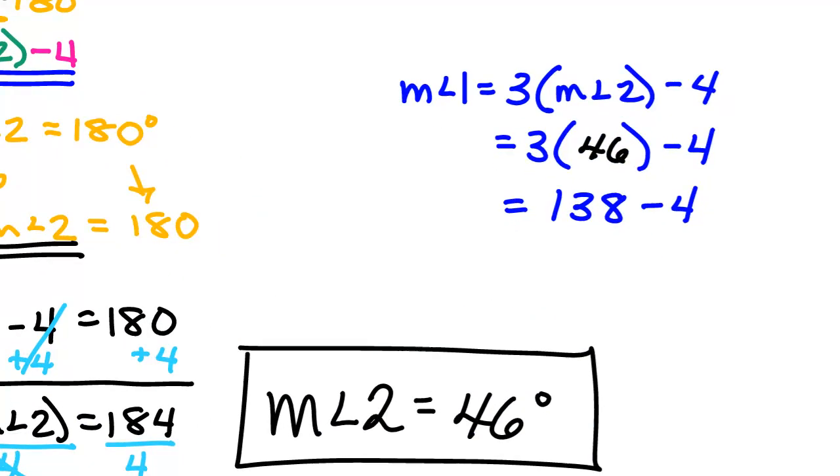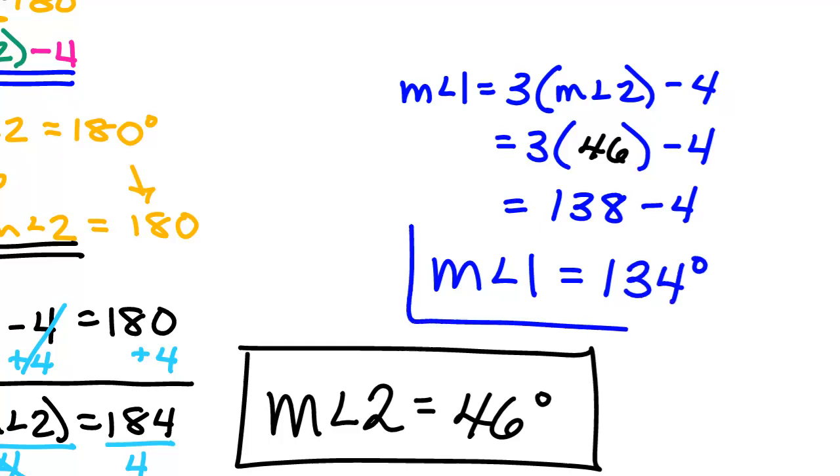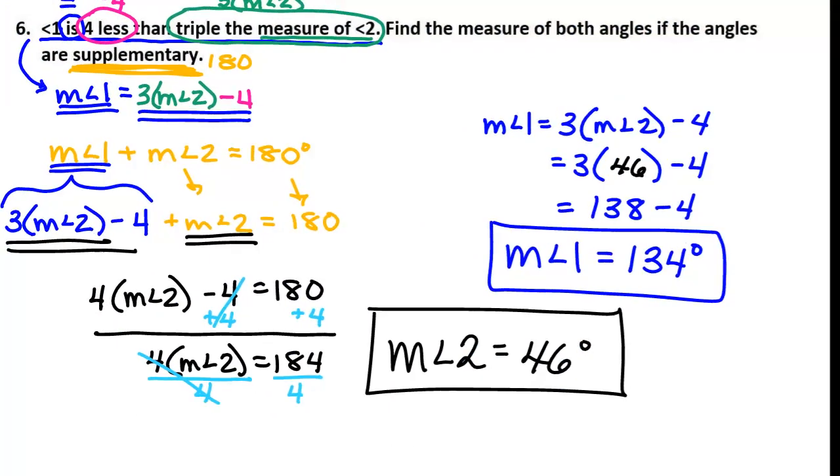What's 138 minus 4? 134 degrees. How can I check to make sure that that's most likely right? Add them together. It should add up to how much? 180. 134 plus 46. 4 plus 6 is 10. 1 plus 3 plus 4. That's 8. 180 degrees. So I'm pretty sure I did this right.